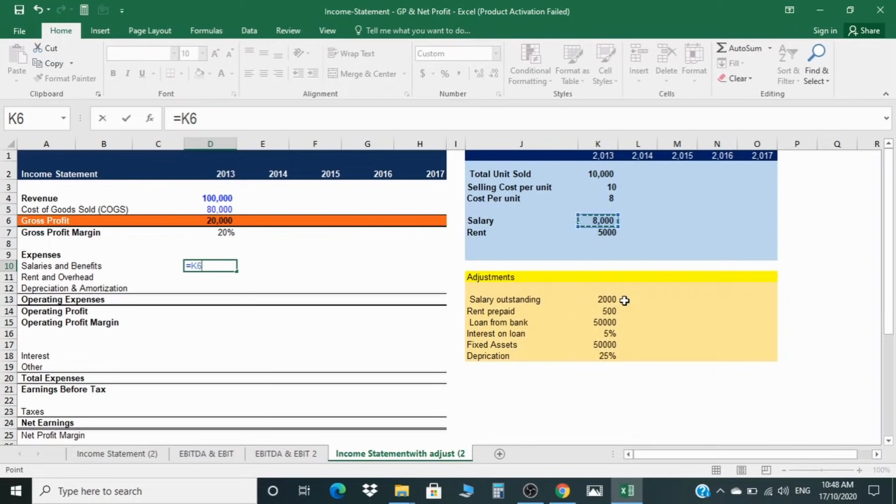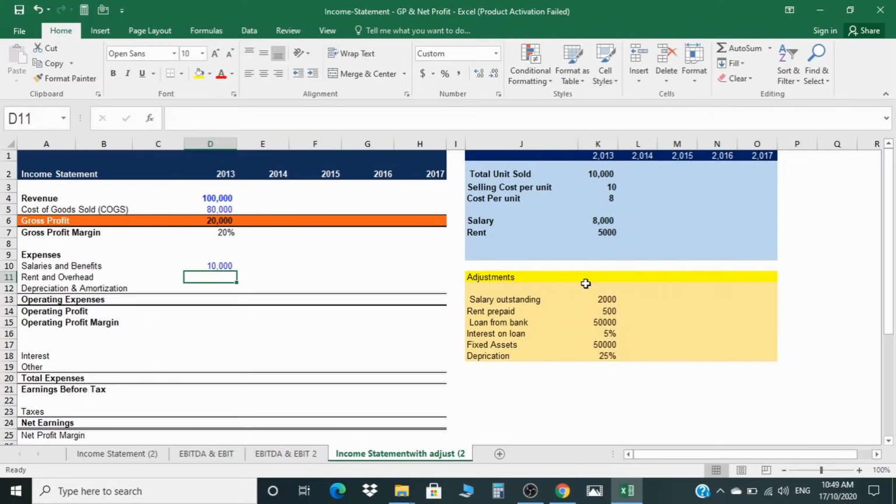Outstanding salary means you didn't pay but you are still owing to the employees, maybe because of some reasons. So we add outstanding. At the end of the year you already paid 8,000 and you are still owing 2,000. Maybe you pay it in the future at some point. It depends upon the company.